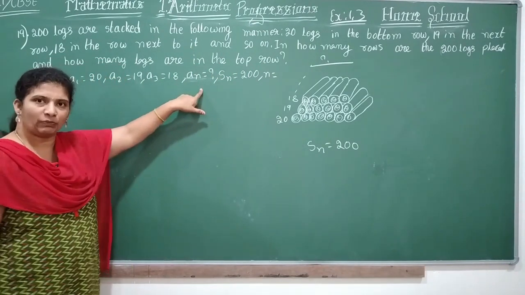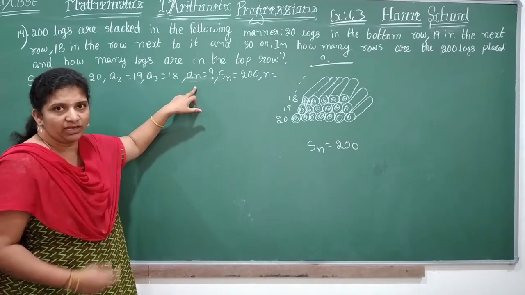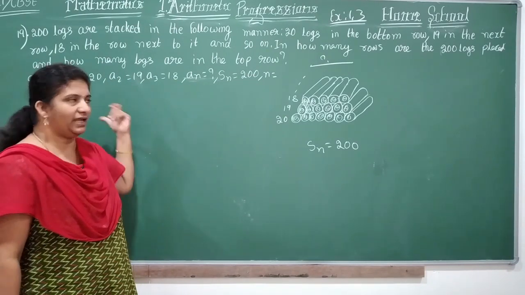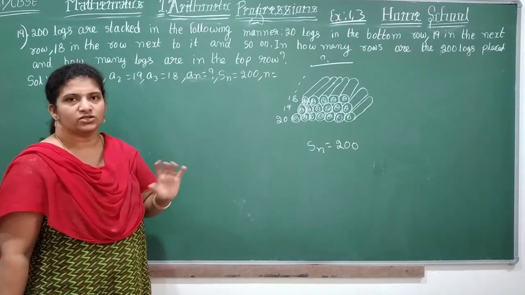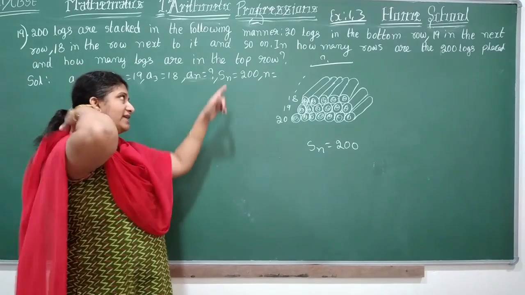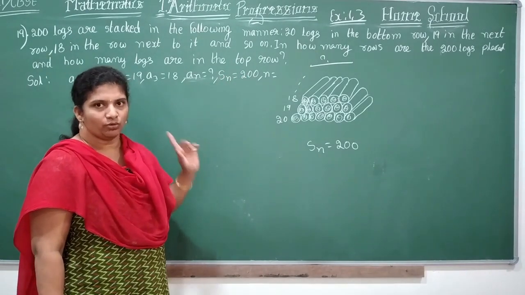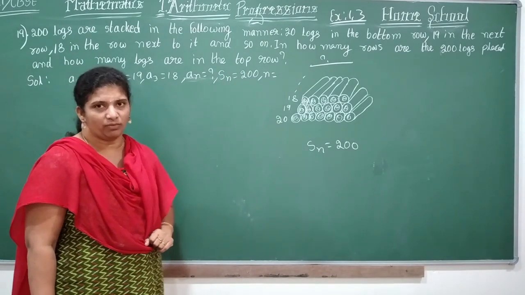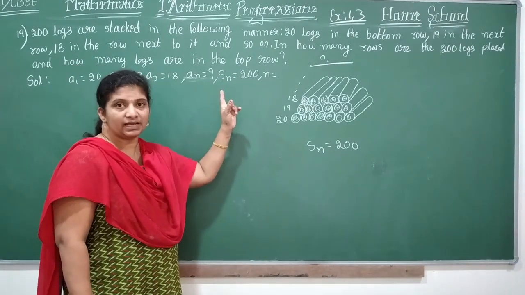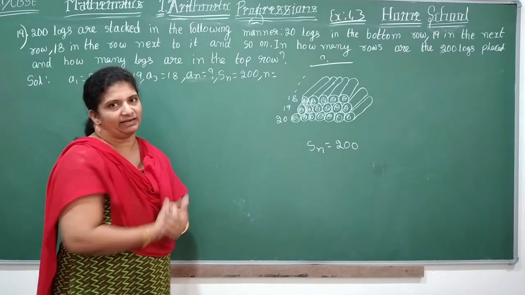If you want to start with AN, you need the N value, and either the AN value or A and D. A and D I know, but I don't know N and AN, so I should not do this first. So first what we need to do is use SN. SN value I know, N value only I don't know, A and D I know. So let's go with this formula. Problem, is it clear? Understand the question first, then you start. Otherwise read the question once again until you understand.